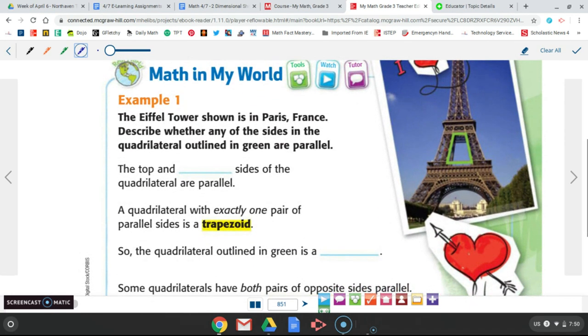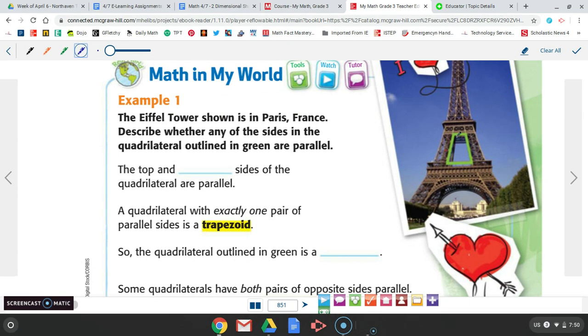All right, so our first example, they have a picture of the Eiffel Tower over here, and you can see that they've highlighted the little shape right here. And it says the Eiffel Tower shown is in Paris, France. Describe whether any of the sides of the quadrilateral outlined in green are parallel. So remember, parallel means that they will never, ever, ever touch, no matter how far we stretch them. So it says the top and blank sides of the quadrilateral are parallel.